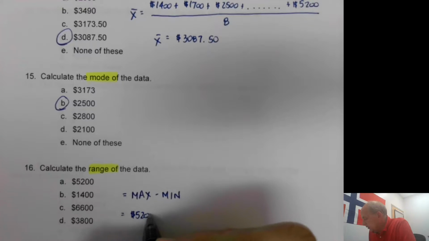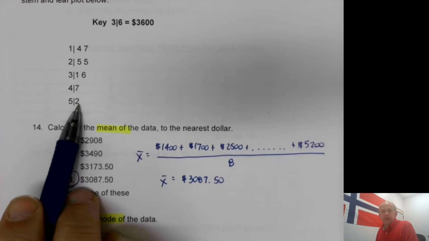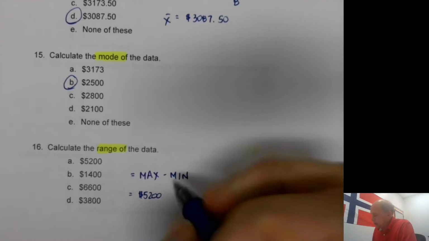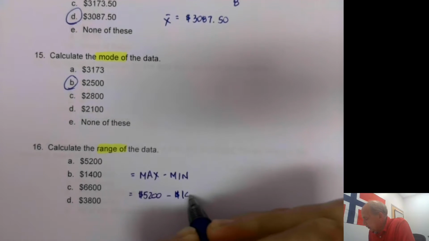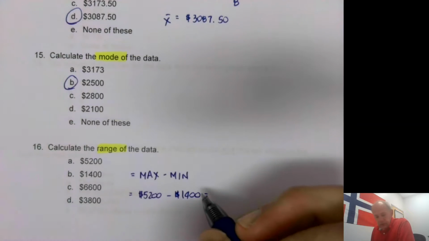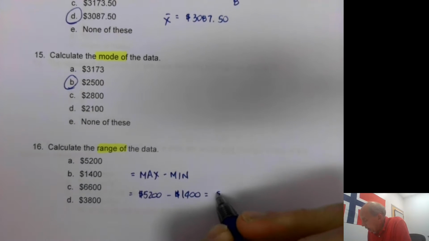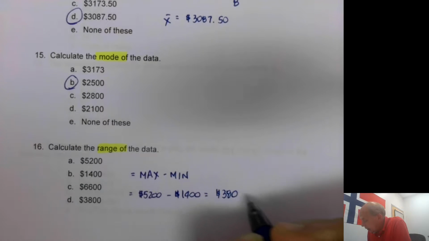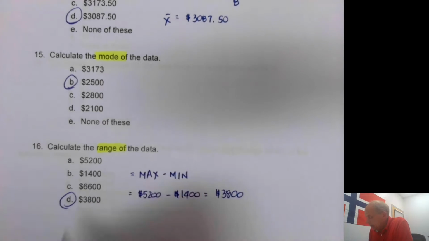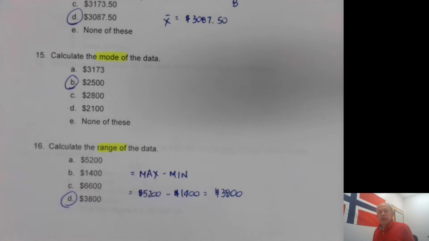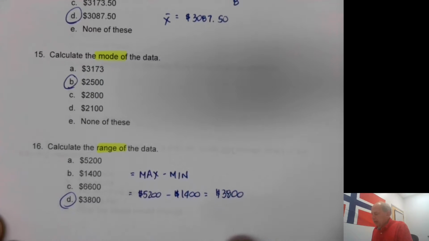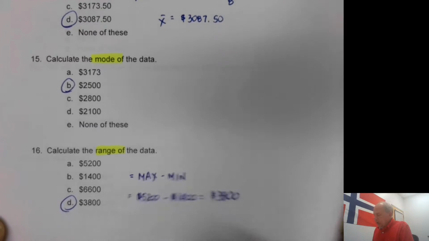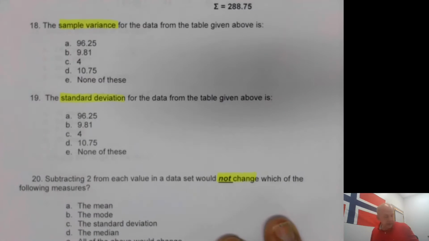My most expensive school is 5,200. My least expensive is 1,400. When I subtract those two, I would get $3,800. My answer is D.